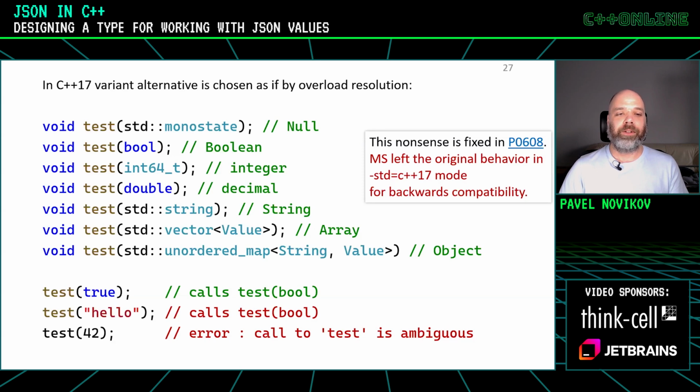For hello string literal, you have a call to test bool again, because the string literal decays into a pointer to const char, and the best overload in the compiler's opinion is test bool for that. And test 42, which is an int literal, doesn't compile at all, because the compiler can't decide which is the best overload for that, either int64_t or double or even bool. So we get the error of ambiguous call.